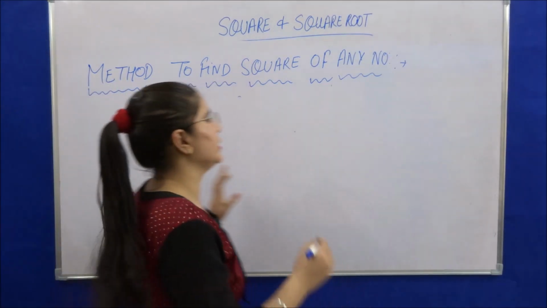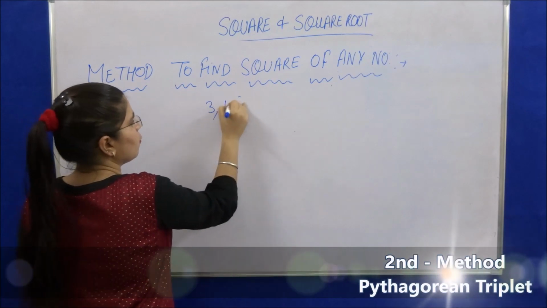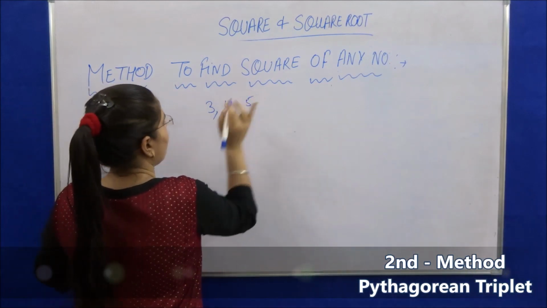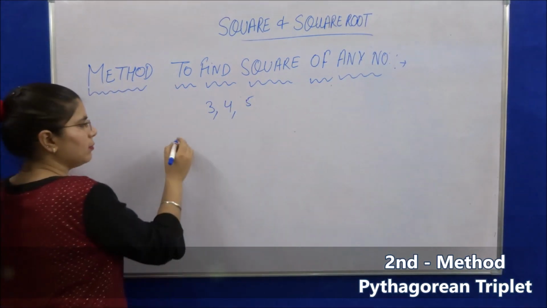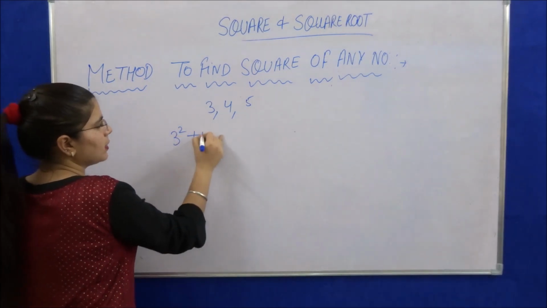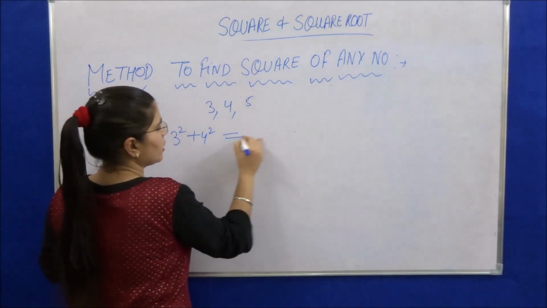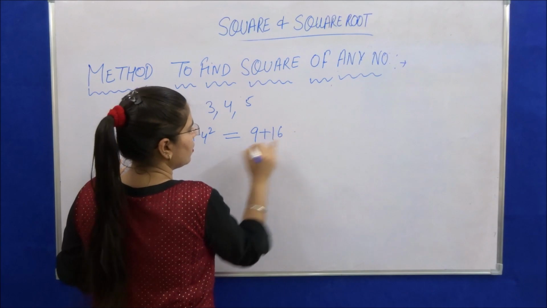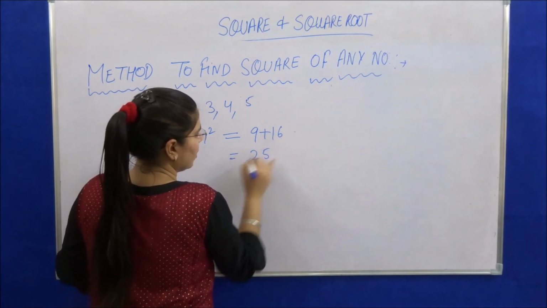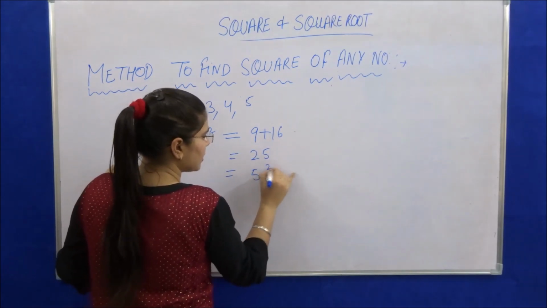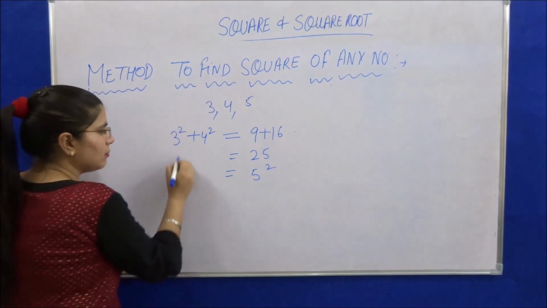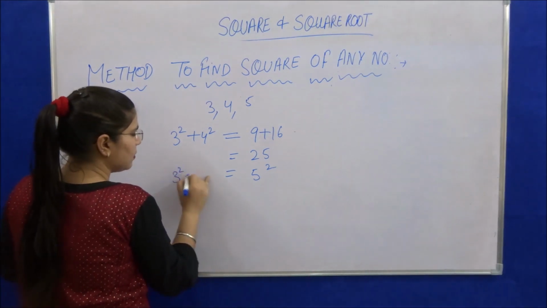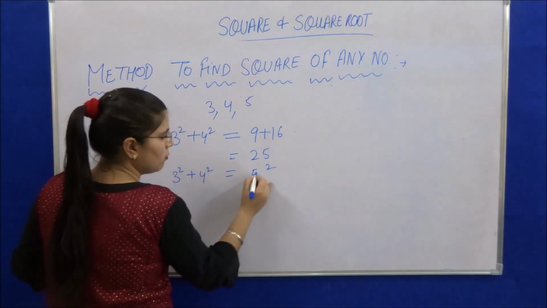Now let us consider the numbers 3, 4 and 5. These can be expressed as 3 square plus 4 square, which is equal to 9 plus 16, which is equal to 25. Now 25 can be expressed as 5 square. That means 3 square plus 4 square is equal to 5 square.